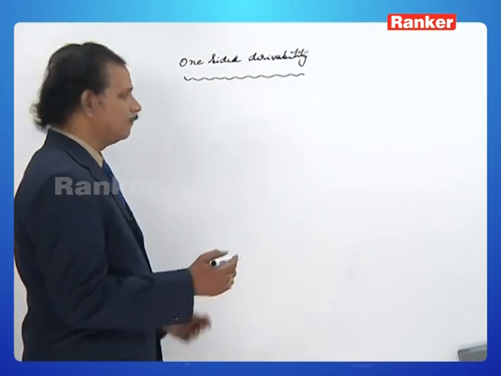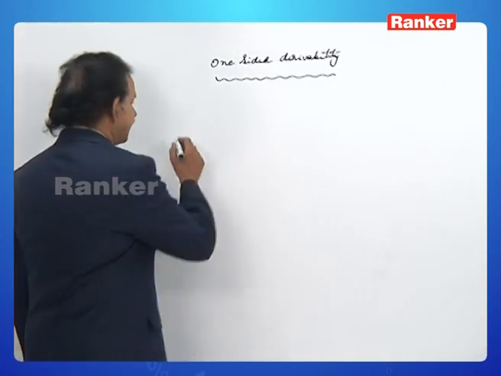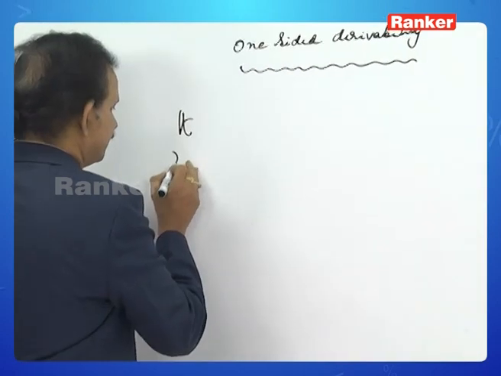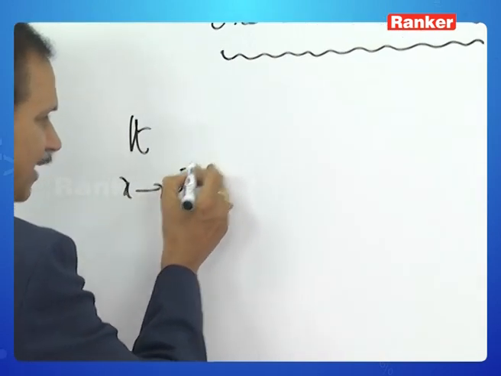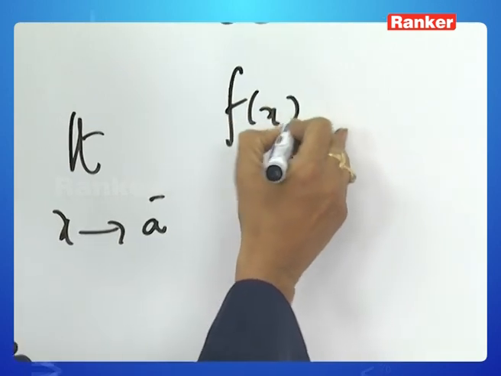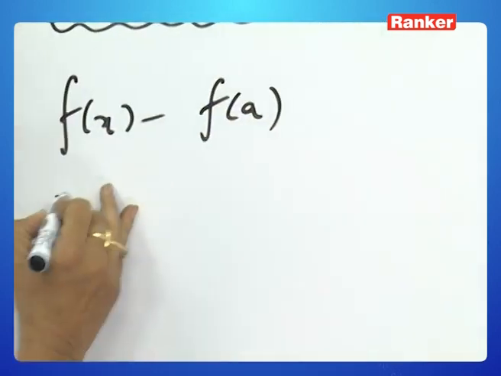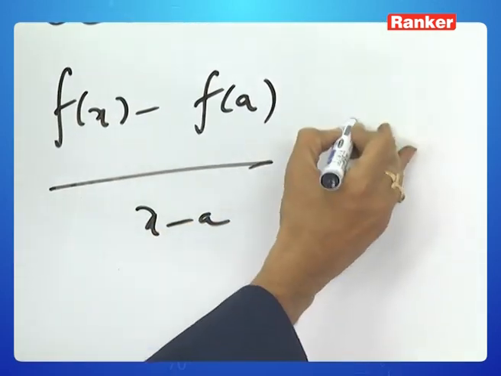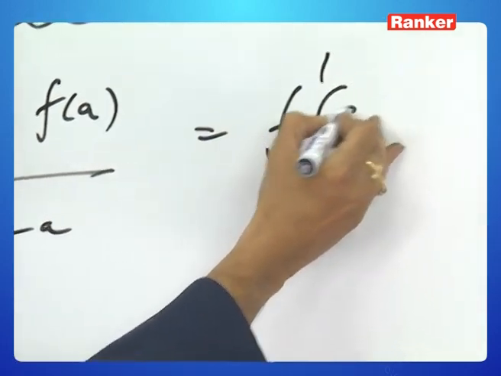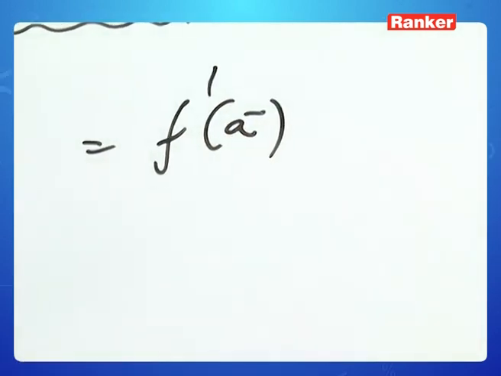It is more precise to say that limit as x tends to a from left of f of x minus f of a by x minus a is denoted by f dash a from left.